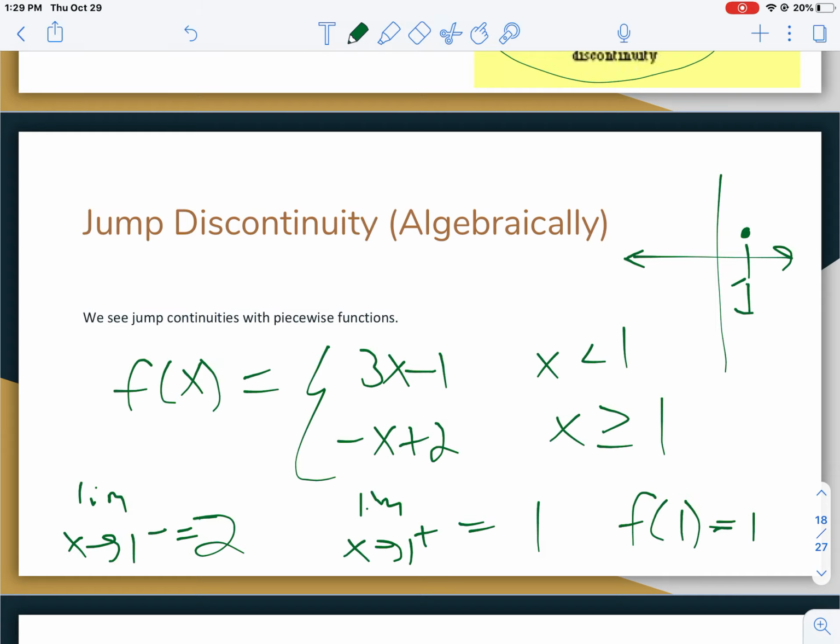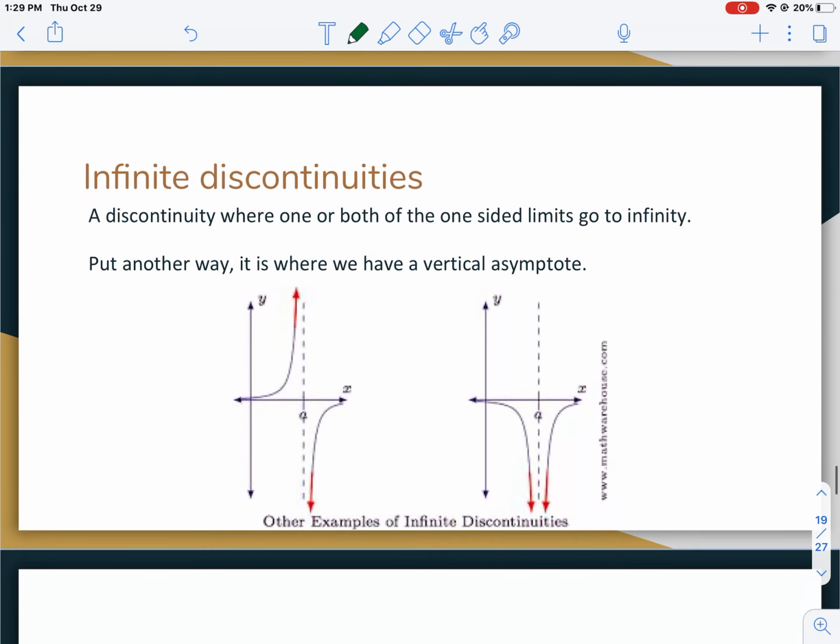So at 1, there's going to be a point here, and a graph coming down like that. But the limit as x approaches 1 from the left goes to 2, so there's going to be a hole here, and it's going to be going like that. So that's what the graph would look like. Notice, f of 1 exists. The limit from the left exists. The limit from the right exists. But the limits from the left and right aren't the same. I think looking at the graphs usually helps.